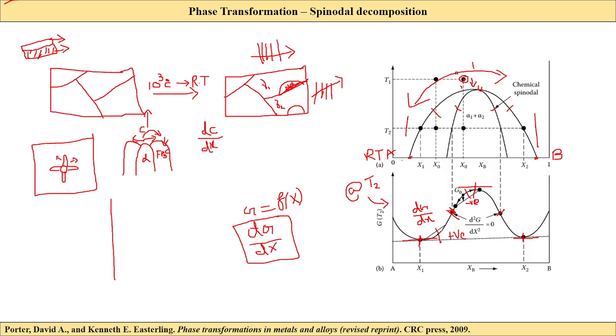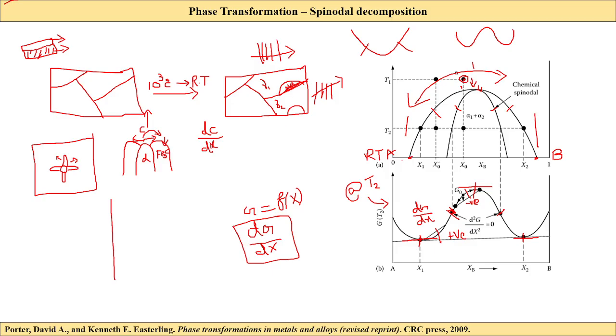Or if from this point the slope starts to decrease, then it will look like this, which is not the case. So if the slope wants to change between these points, then it should go like this. The slope at first was 0, then it starts to increase, then decrease, and again it will become 0.